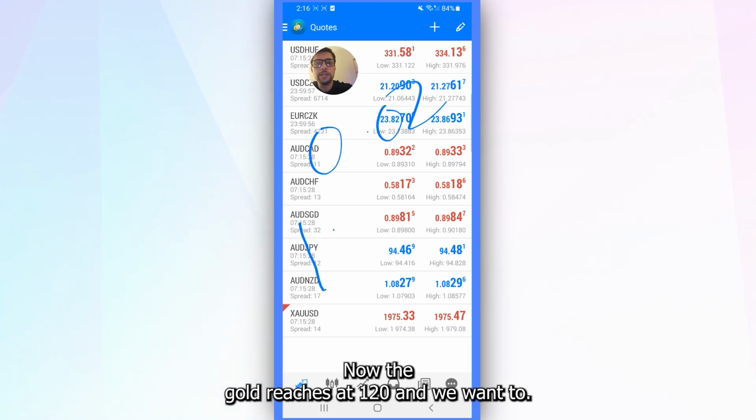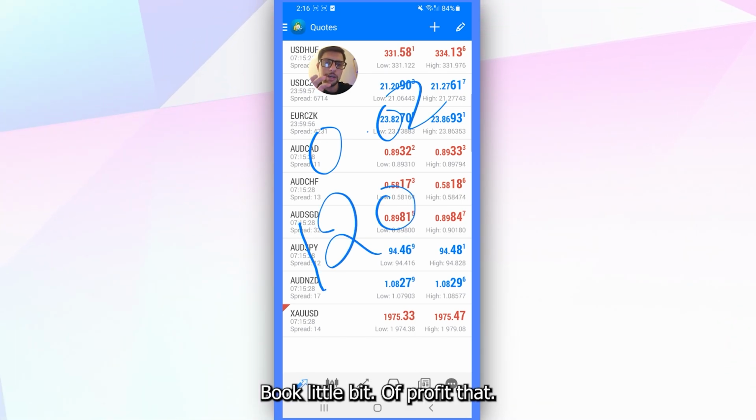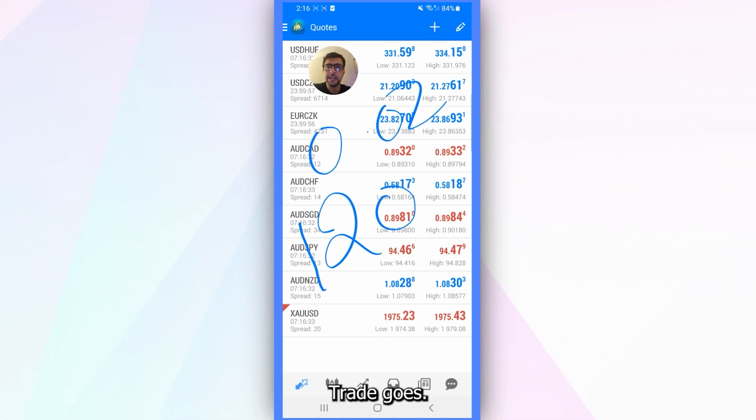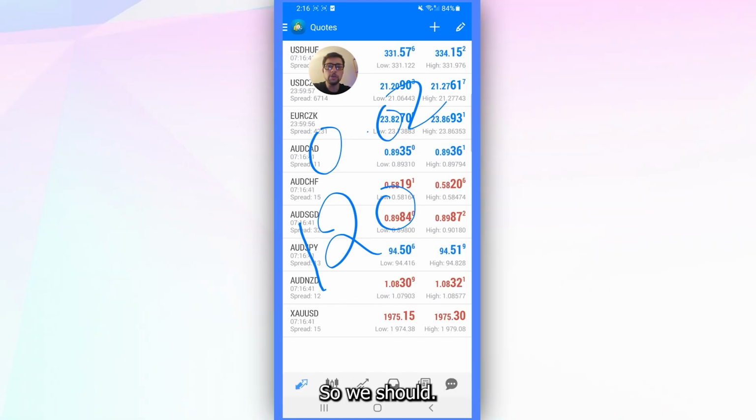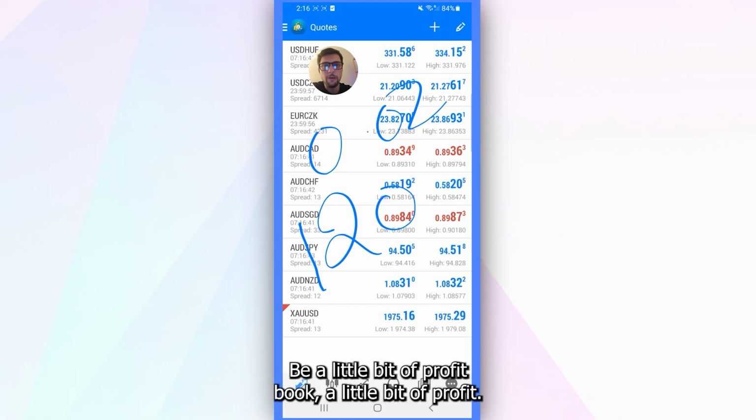Now the gold reaches 120 and we want to book a little bit of profit, so that if by chance the trade goes against our direction and reaches back to 100 or runs toward our SL, we have booked a little bit of profit.